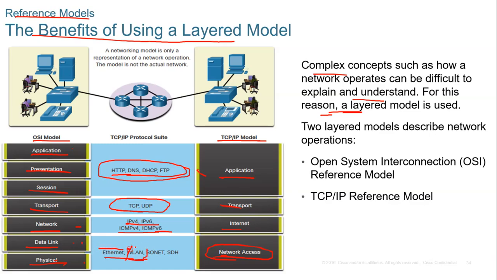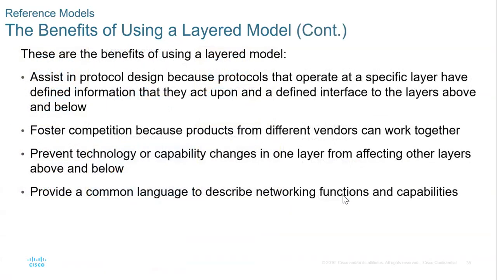Ethernet is wired, then wireless is WLAN. So the models are here. There are two: the Open System Interconnection (OSI) reference model, and then TCP/IP, which is Transmission Control Protocol/Internet Protocol. So these are the benefits of using layered models.